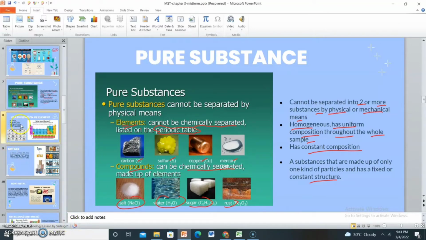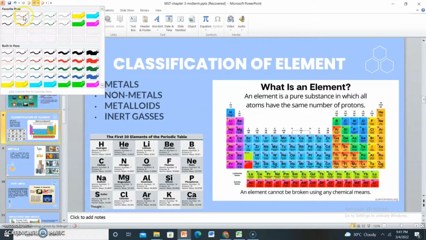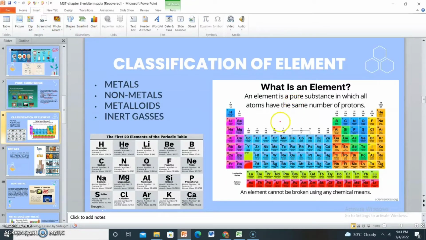Next is the classification of elements. Under the classification of elements na makikita sa periodic table, this is an example of a periodic table. There are metals, non-metals, metalloids, and noble gases. In the periodic table, emphasize dyan ang non-metals, metals, metalloids, and noble gases.